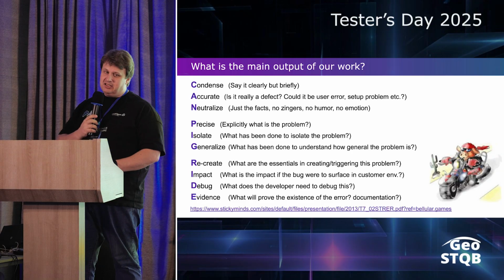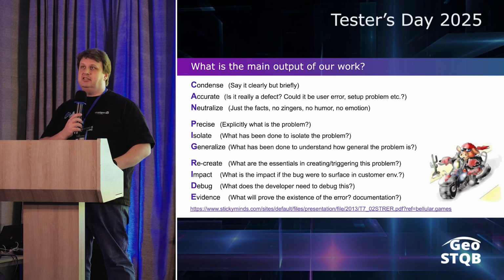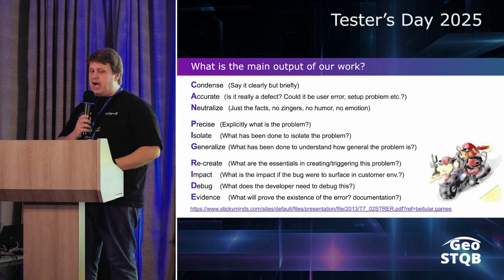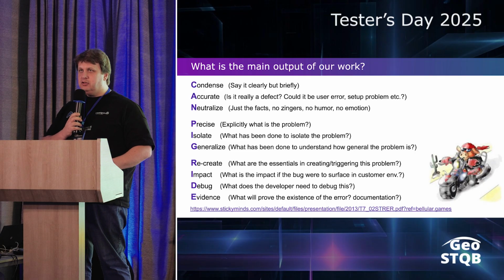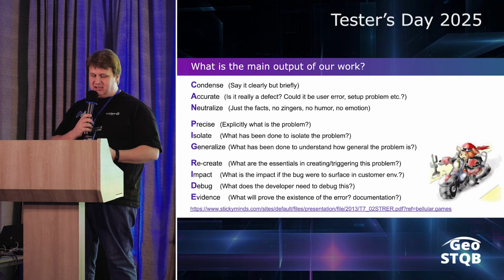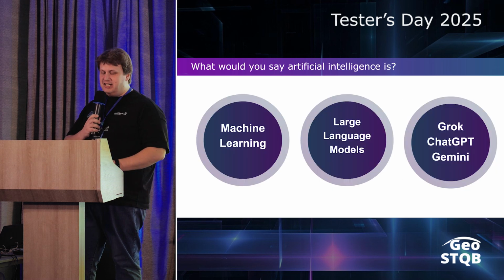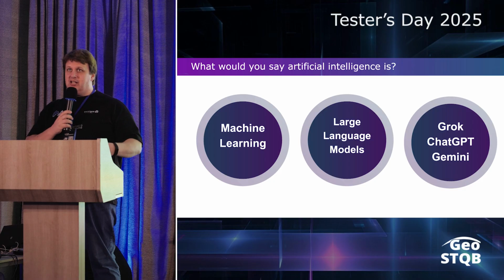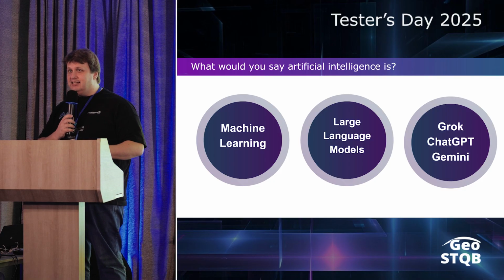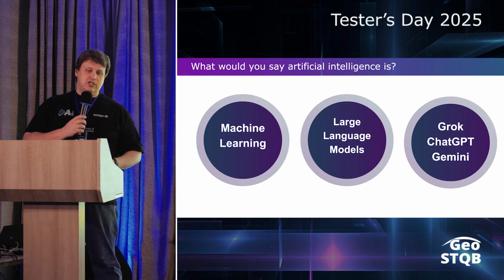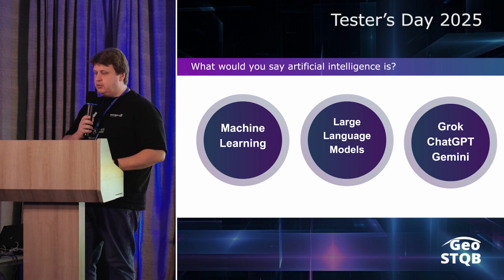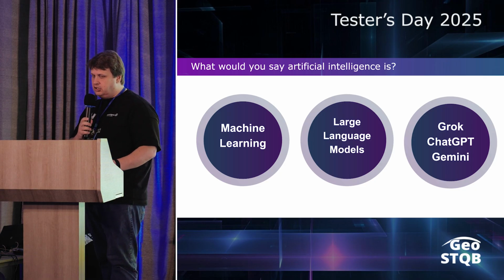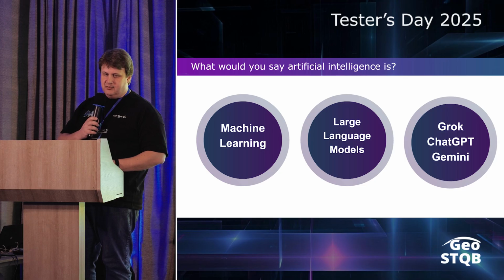These interesting terms, isolate and generalize, also become relevant when we talk about AI. So what is AI? Here people are not able to agree on a definition, whether generalized enough or isolated enough. Some people believe that anything that involves machine learning is AI.